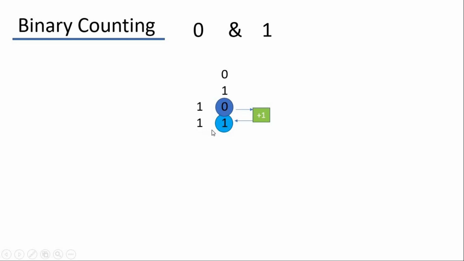Now we have reached the maximum value for both bits, and we do not have any further combination. Therefore, we now reset both bits to 0 and add 1 to the next bit. We repeat this process until we reach the desired number.